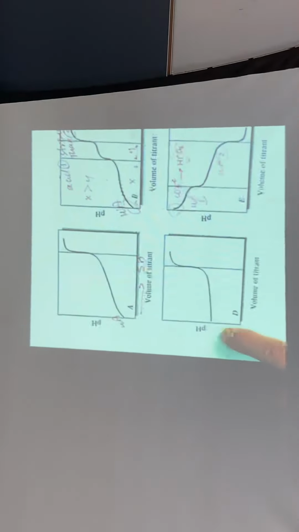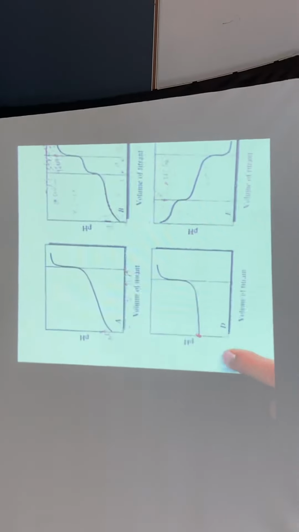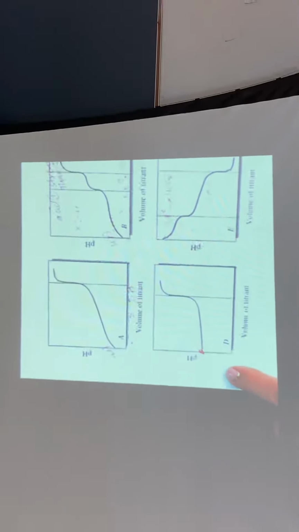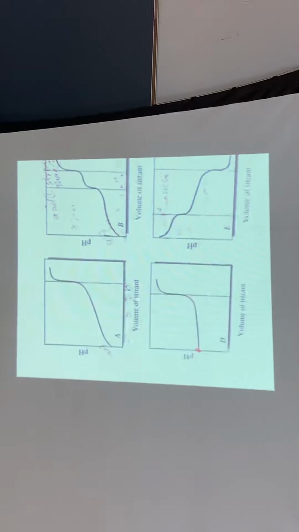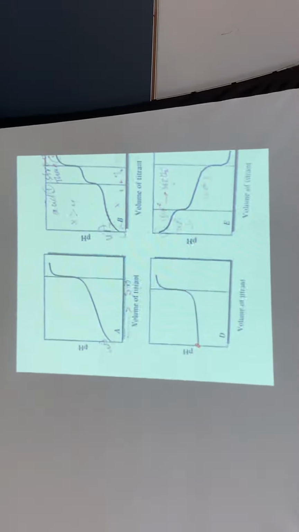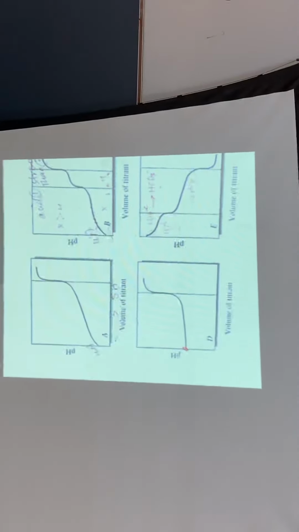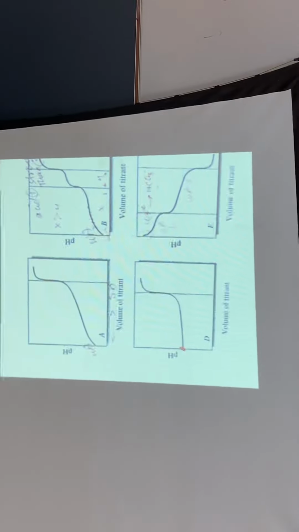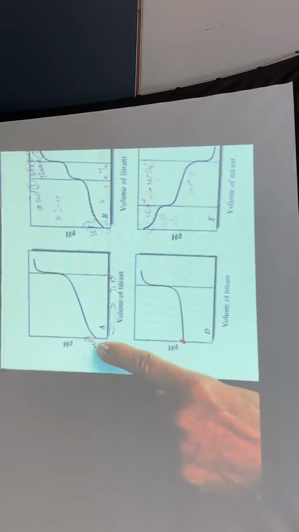And then what's happening here? Be careful. The pH is high. It's got a short break. The axis isn't labeled, so we don't know where the equivalence point pH is. Would that still just be a weak acid with a strong base? Look at the beginning.